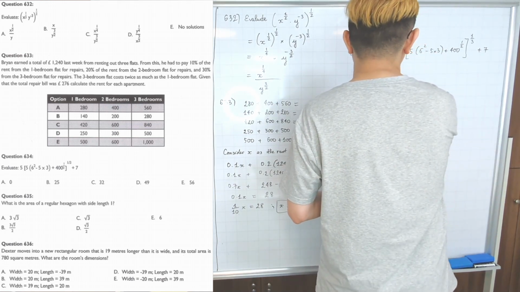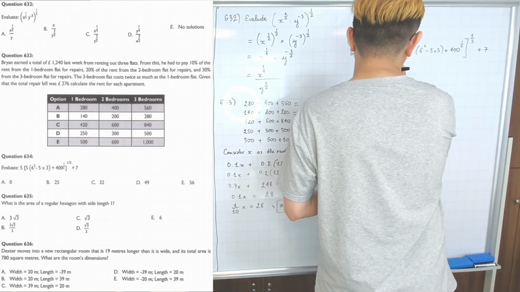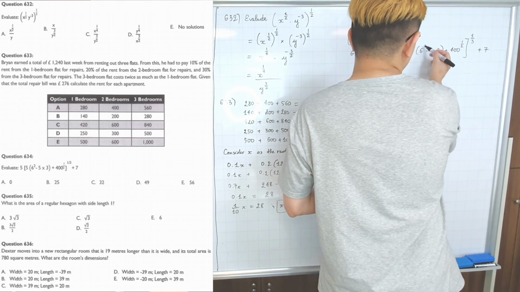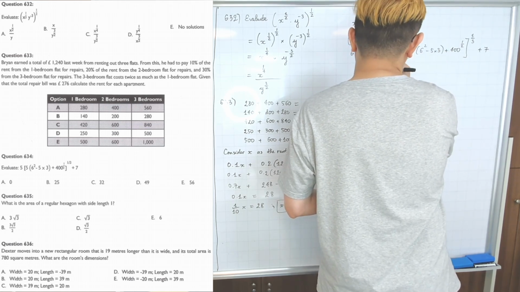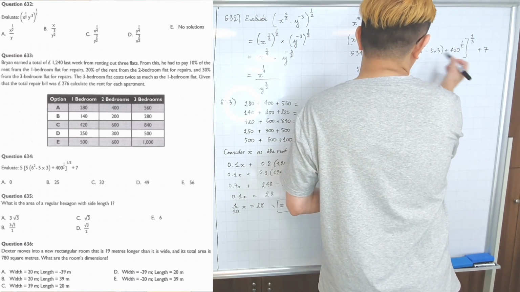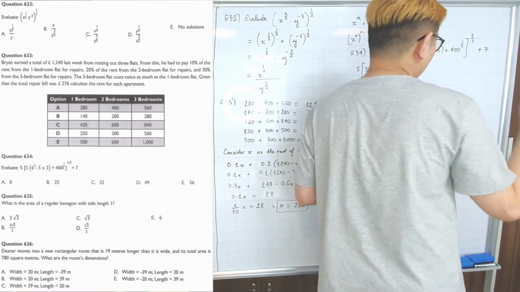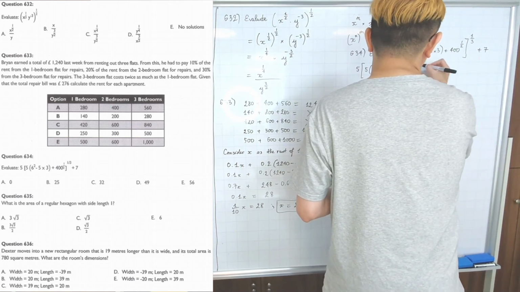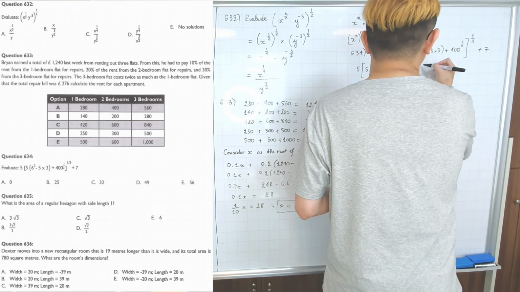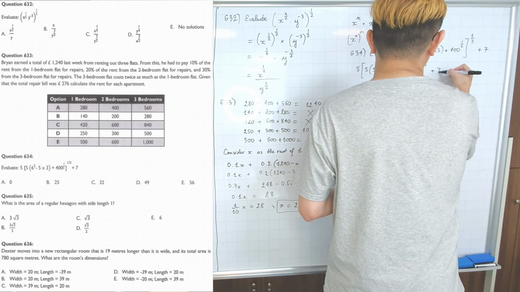So this is 36 minus 15. Okay. To the power of half means square root. So square root of 400.